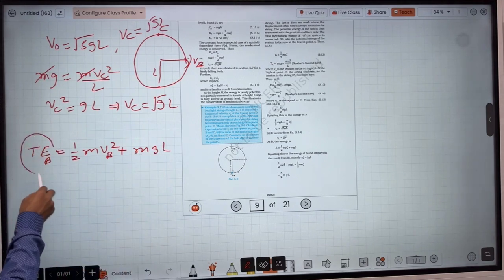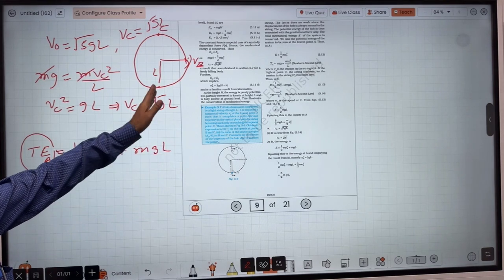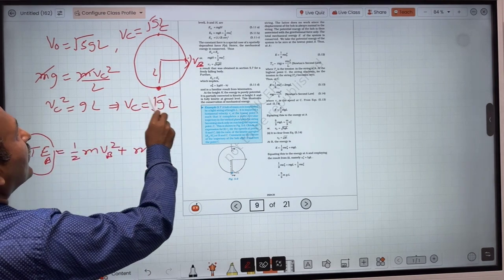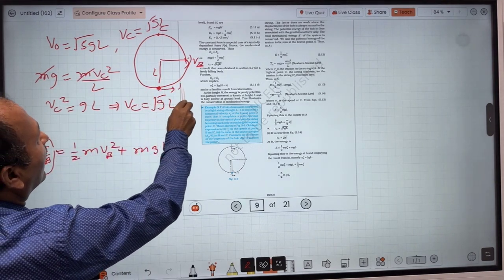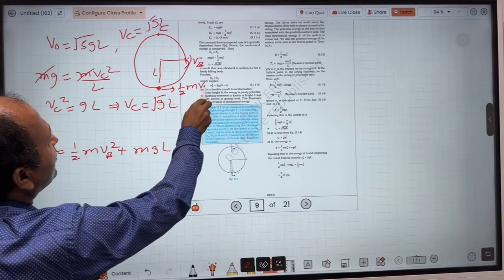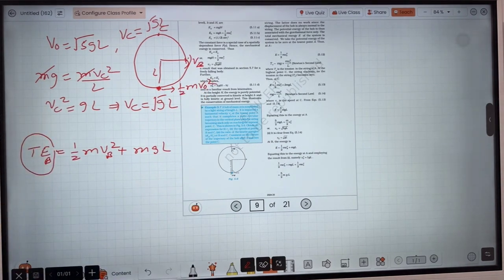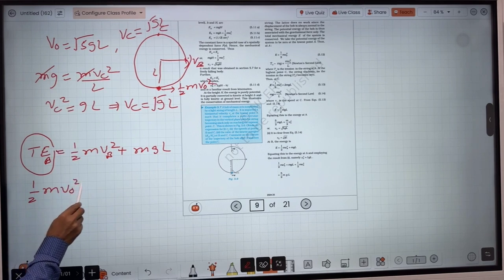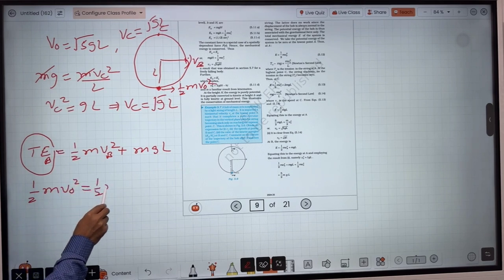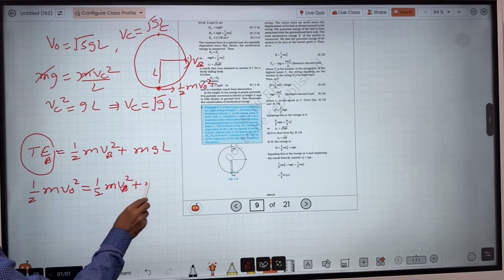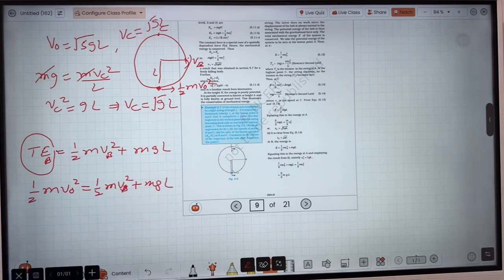But total energy must be equal to energy at point A, which was half m v0 square. So half m v0 square must be equal to half m vb square plus mgL.